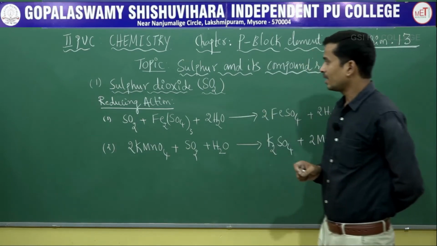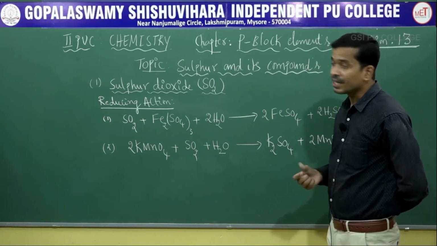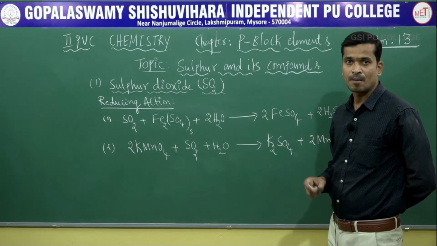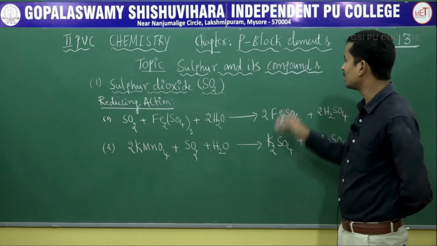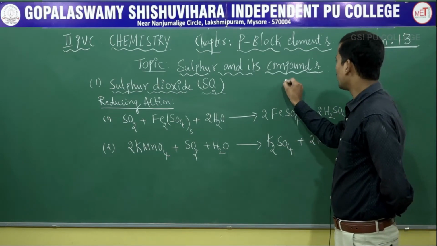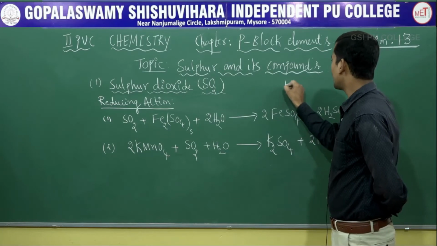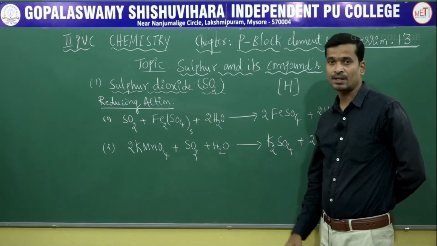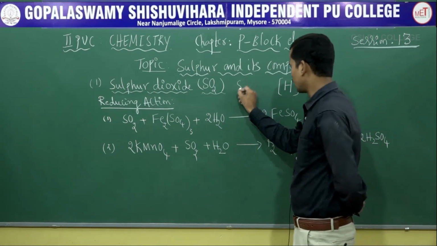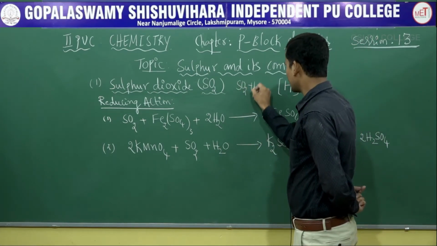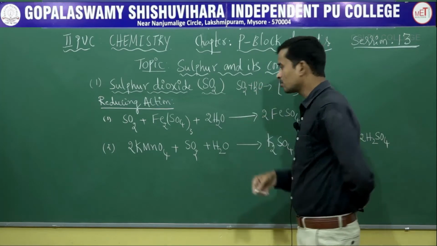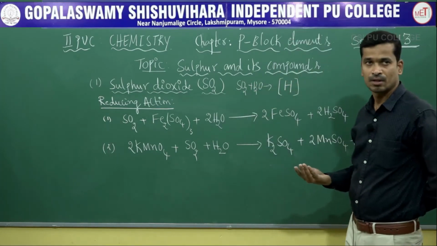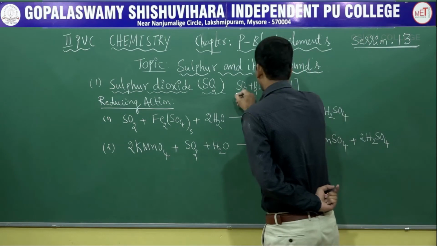Sulfur dioxide acts as a reducing agent in moisture or in aqueous condition due to the presence of nascent hydrogen. That's very important. Suppose sulfur dioxide in the presence of water gives H2SO4.